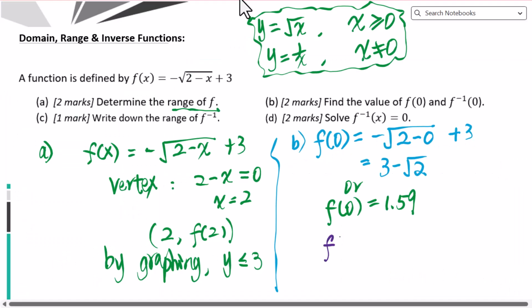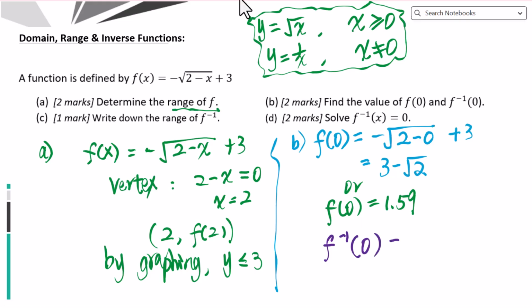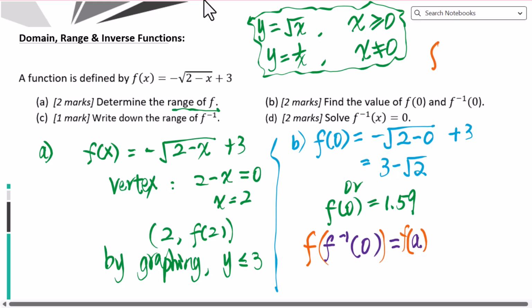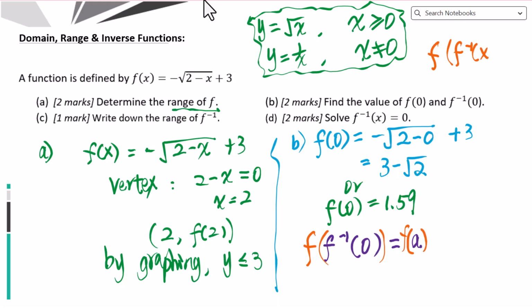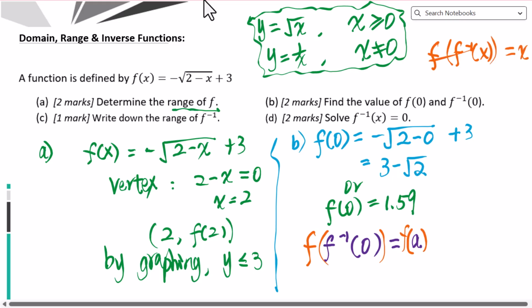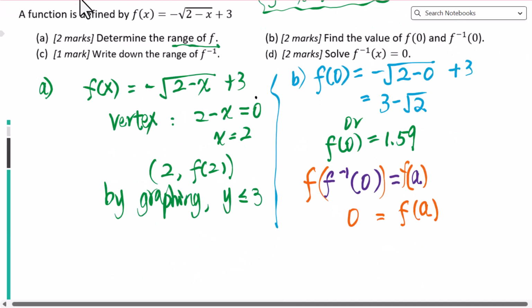For inverse of f of 0, let's make this one equals a. Then we take f function both sides. F and inverse of f of x cancel. We got x. So we got 0 equals f of a. F of x equals this.